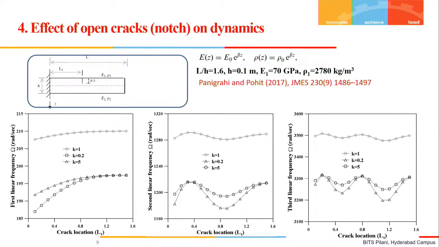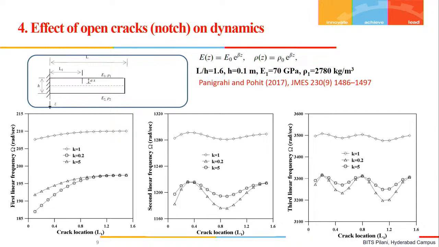This behavior is showing the first mode of vibrating frequency with the crack location. We can see here that when the crack location is in the neighborhood of the fixed end, the frequency is minimum. Although it's a common understanding that if flexibility is induced, then the natural frequency has to be reduced, we can see that the frequency gradually increases when the crack location shifts towards the free end.